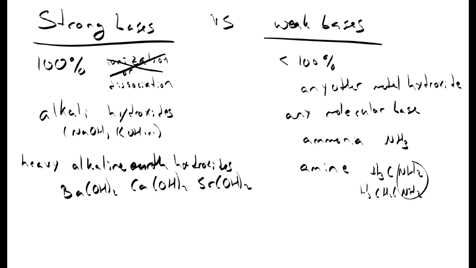You see they have nitrogens on there, and the nitrogen has a non-bonding pair that will bond with H+. Anywho, you also have a class known as amides, which likewise have a nitrogen on them. Nitrogen is big on acting like a base when it's in a covalent compound. Doesn't always, but a lot of the time. So any molecular compound that acts as a base is going to be a weak base.